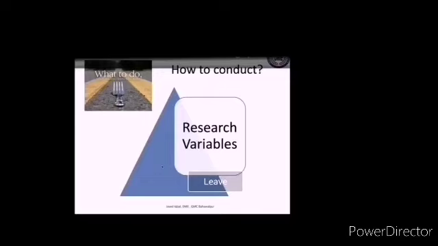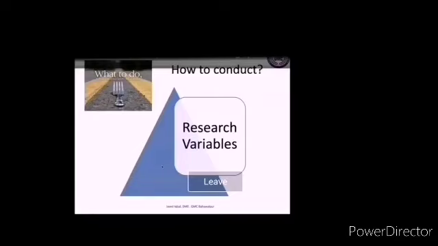You remember when I defined research, I said it is a systematic data collection, collecting it, analyzing it, and interpreting it. Now, what you are going to collect, analyze and interpret are called research variables. A variable is defined as that thing in your research objective which can have different values, right?